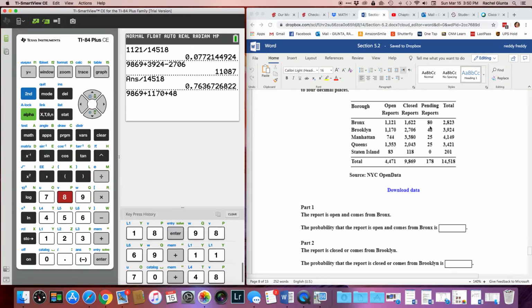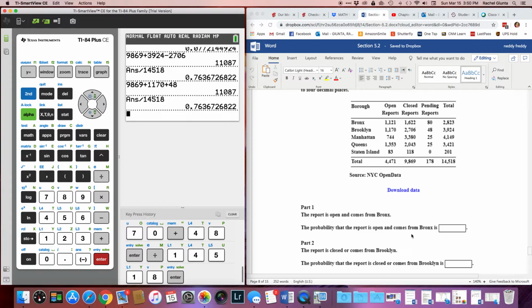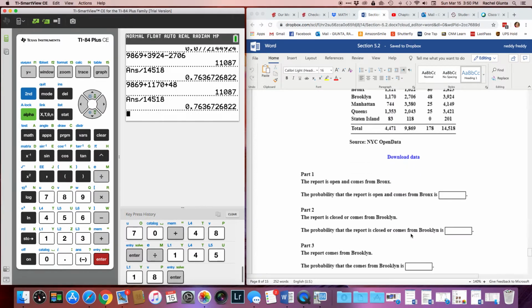So that's just another way to get there. If that makes more sense to you, it might be easier to remember just to not include these 2706 both times. And we get the same total number. So of course, when we divide by 14518, our probability is the same.